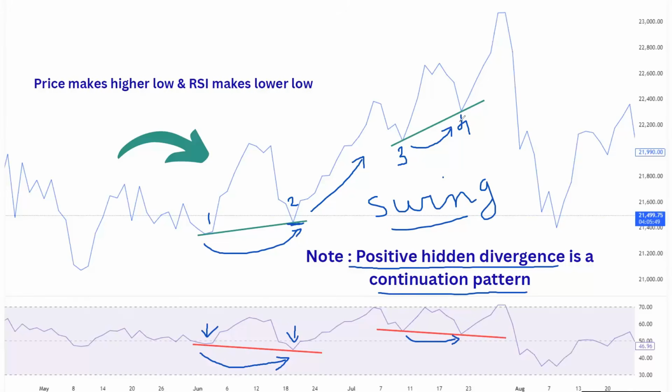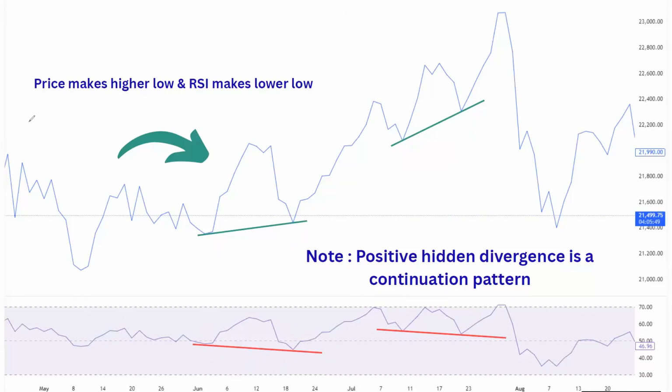Again, we can see there is a difference of movement in the price and RSI. Again, at point 4, there's a very high probability that prices will shoot up. Okay? So this is again a positive hidden divergence, which is a continuation pattern used by swing and momentum traders.